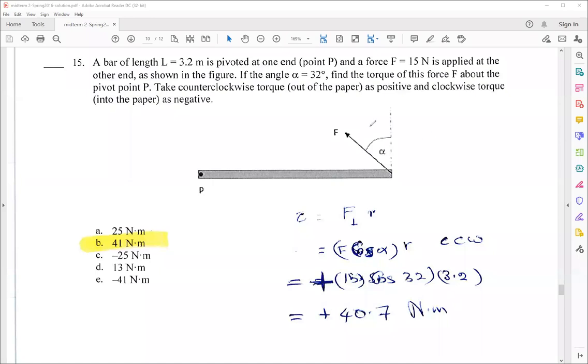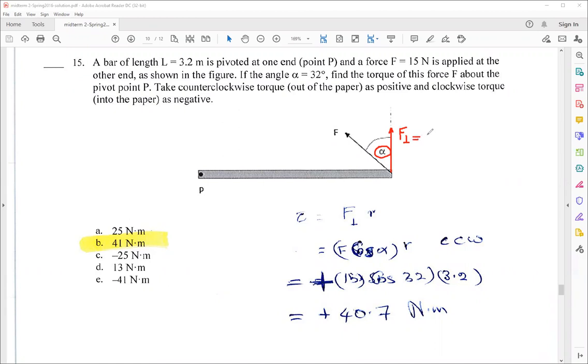Now, question 15: we have the exact same question in midterm 2017, where the angle alpha is with the vertical. Remember, when that's the case, the vertical component of force will be the cosine.